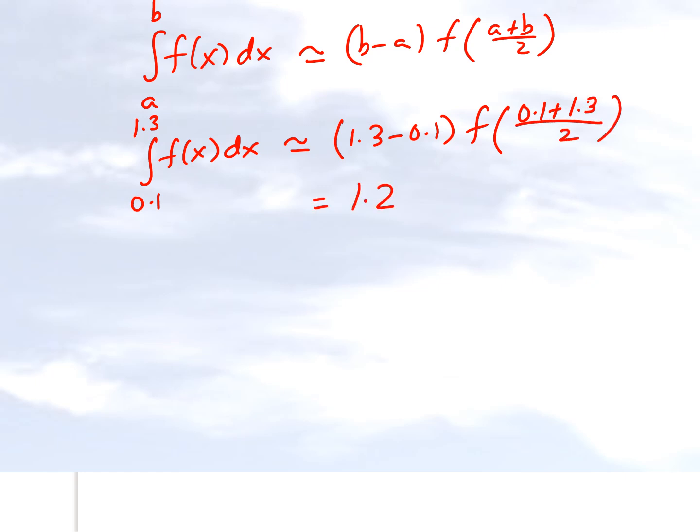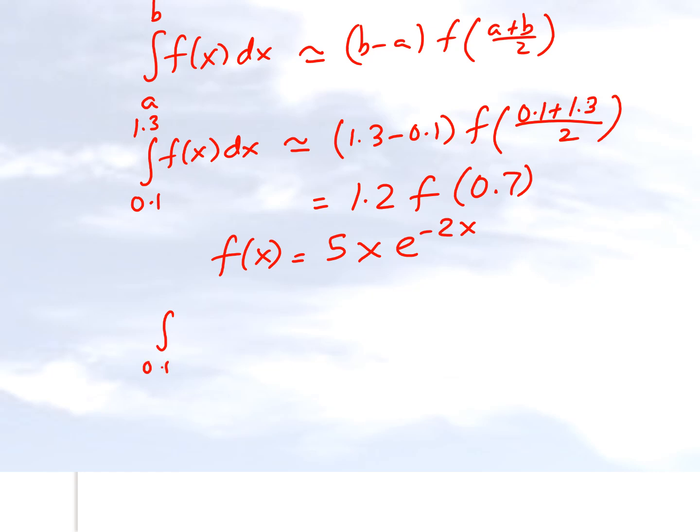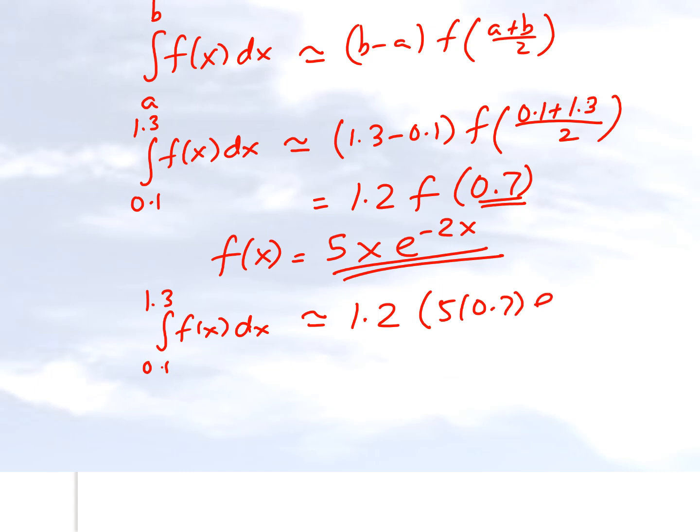This gives us 1.2 times the value of the function at 0.7. We know the function we're integrating is 5x e to the power minus 2x. So the integral we are trying to approximate is 1.2 times 5 times 0.7 times e to the power minus 2 times 0.7, and this value turns out to be 1.0357.